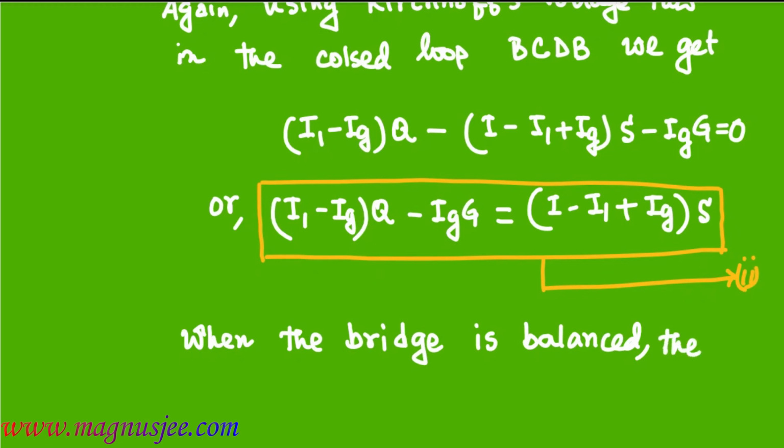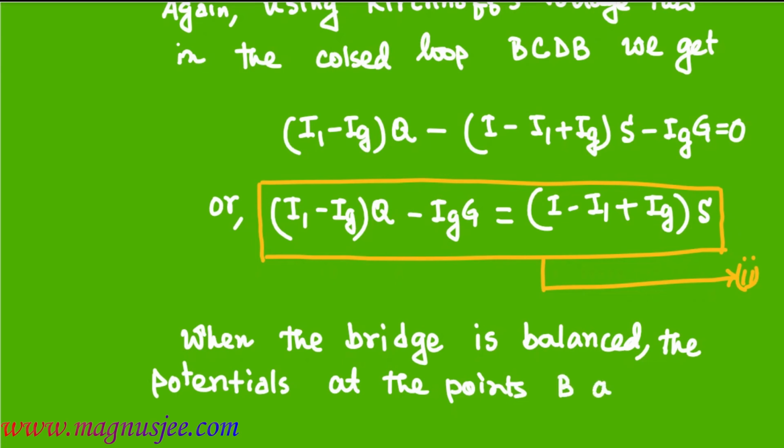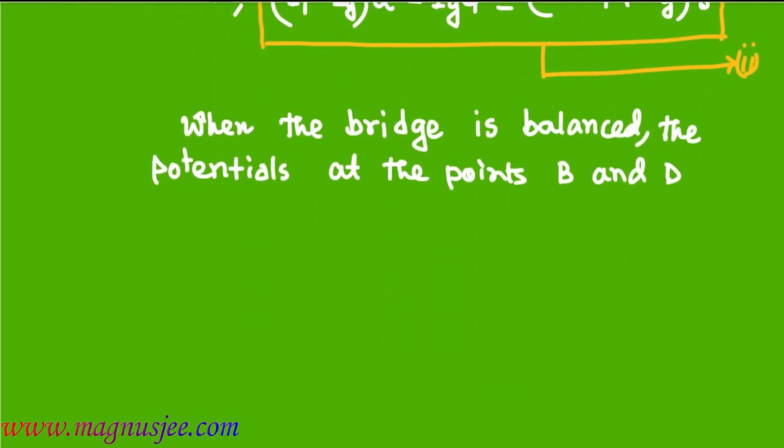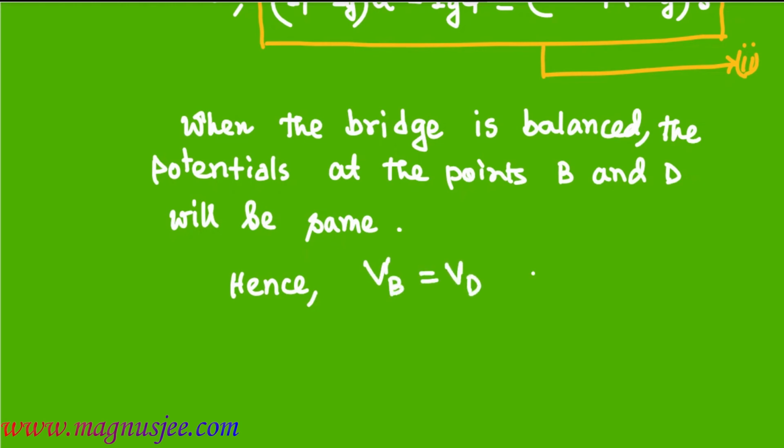That means no current will be flowing through the galvanometer of resistance G. When the bridge is balanced, the potentials at the points B and D will be the same. Hence VB equals VD, where VB and VD are the electric potentials or voltages at the points B and D.